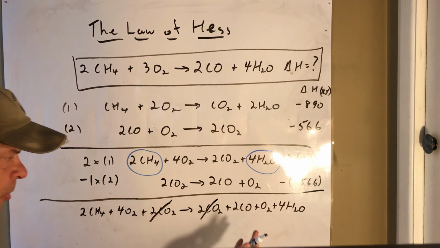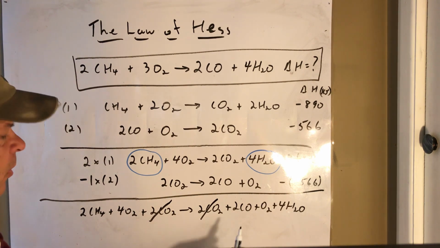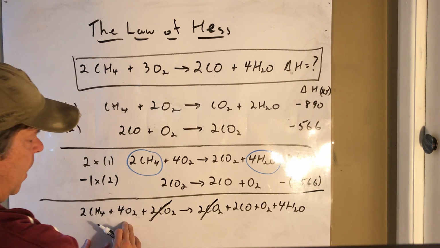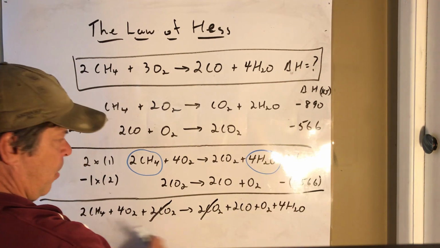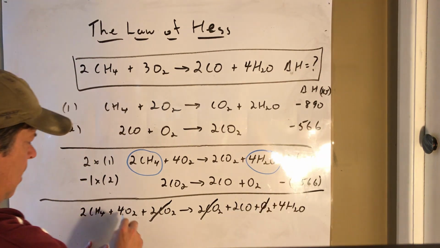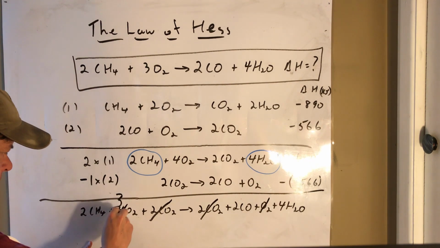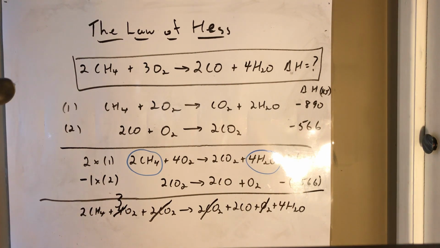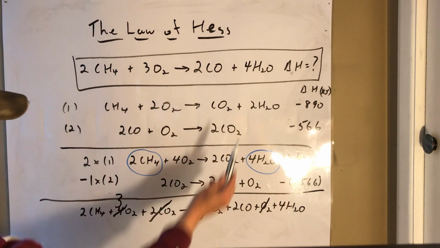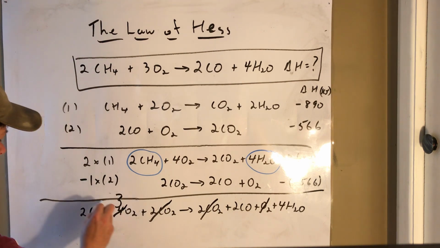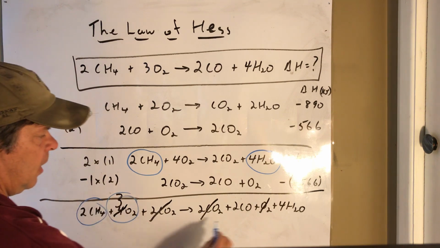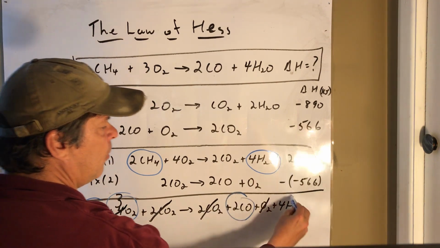Just think of it as an algebraic equation. And notice here, there's 1 oxygen here and 4 here. So if we subtract 1 oxygen from both sides, that'll cancel out. And this will turn into 3. And if you think about this, it's exactly what we want. There's 2 methanes, 3 oxygens. It yields 2 carbon monoxides and 4 waters.